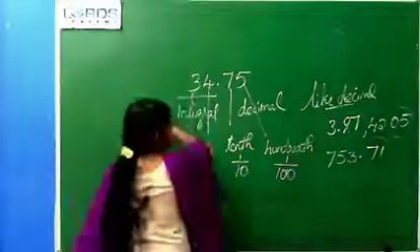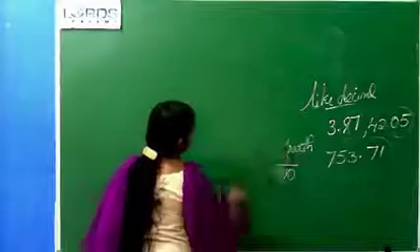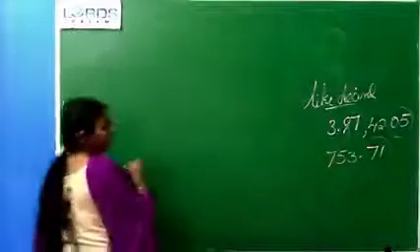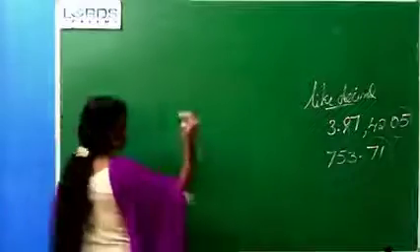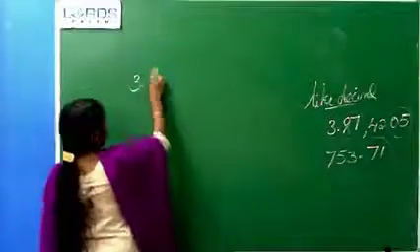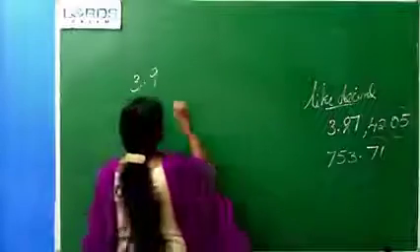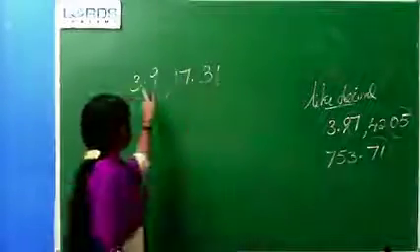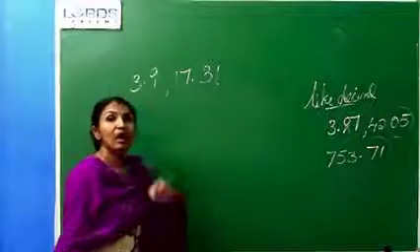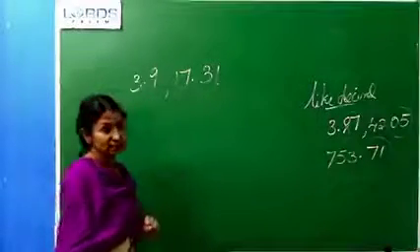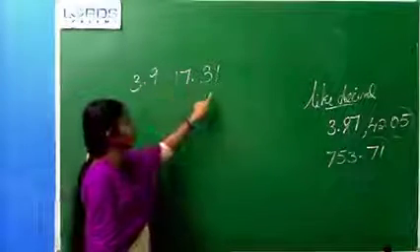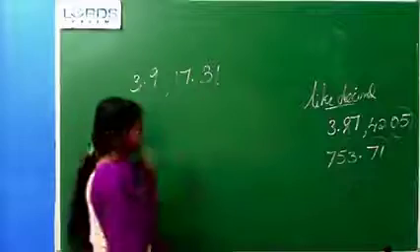How can we convert them? Two unlike decimal numbers are given, 3.9 and 17.31. We can say that these two are unlike decimal numbers, because after the point here there is only 1 digit, and here after the point there are 2 digits.